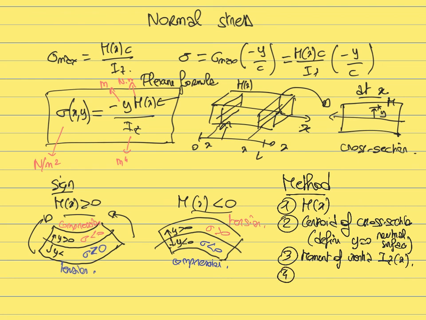You have the internal moment M and the cross section moment of inertia Iz, and then you just need to apply the Flexure formula in order to get the stress for each point, both as a function of its position along the longitudinal axis x and also its vertical position y. So now you just have to apply the Flexure formula as the last step.